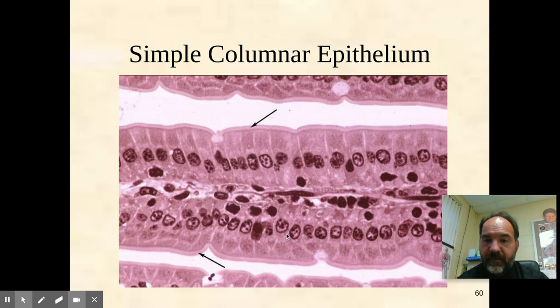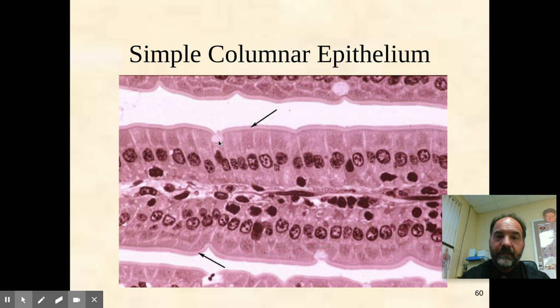Nice round, maybe oval nuclei. And then simple columnar epithelium have this feature at the top called microvilli. They're tiny little projections of cell membrane that once again serve to increase the absorptive surface area of our intestine cells to make our intestines as efficient as possible for absorbing nutrients.